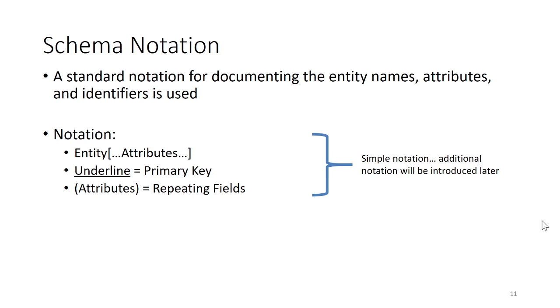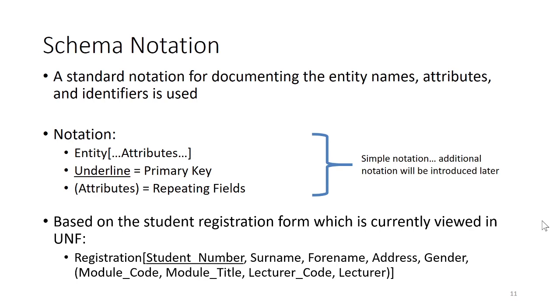For instance, for the case that you saw for the student registration form, we can illustrate this notation, this schema, using this line of notation or description: registration, and then square bracket, student number, which is a primary key, so it's going to be underlined, surname, forename, address, gender, and then we have a set of repeating fields which would be in the parentheses in the last part.